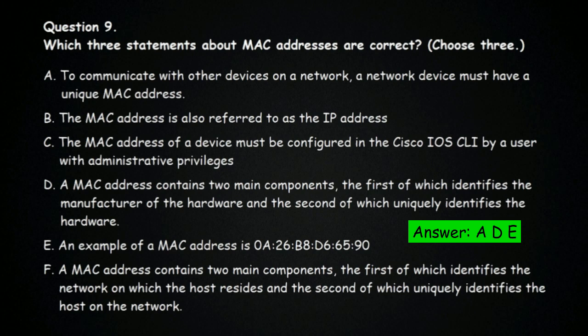D. A MAC address contains two main components, the first of which identifies the manufacturer of the hardware and the second of which uniquely identifies the hardware. E. An example of a MAC address is 0A26.B8D6.6590.